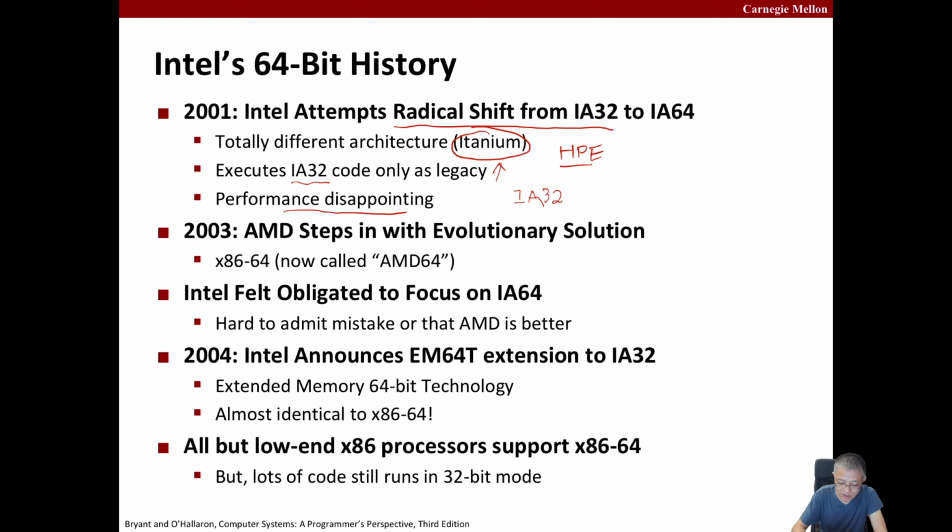So AMD proposed this 64-bit architecture, right? Then Intel followed AMD. Now all the x86 CPUs support the 64-bit architecture.